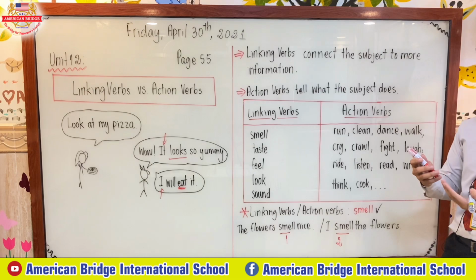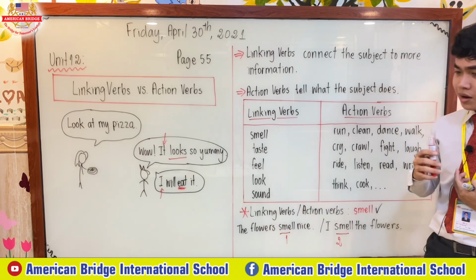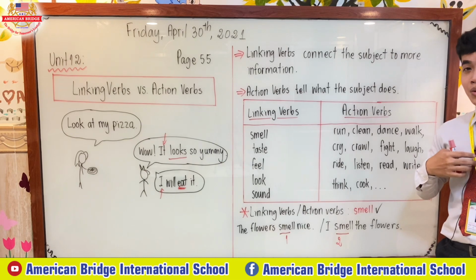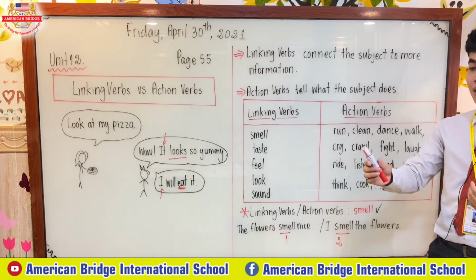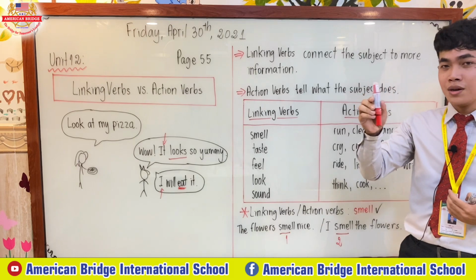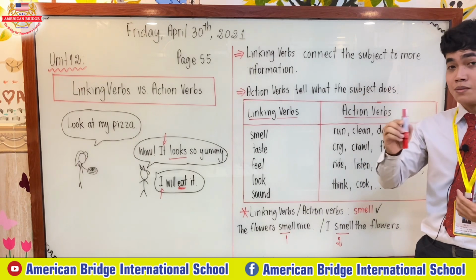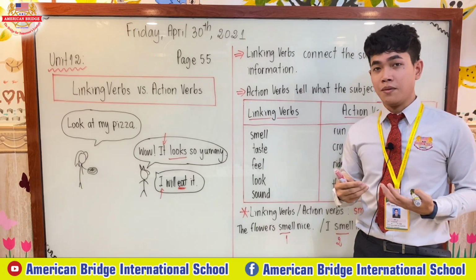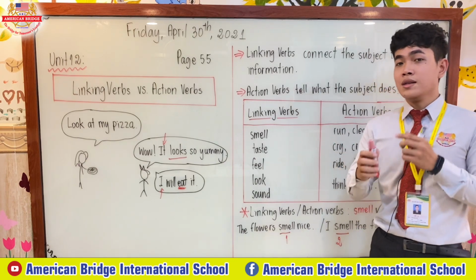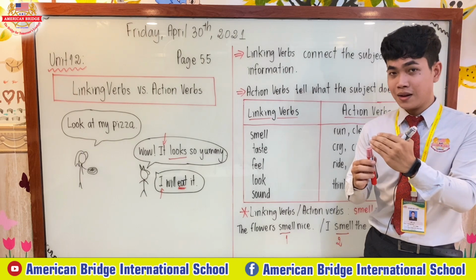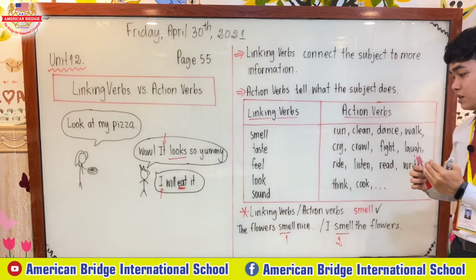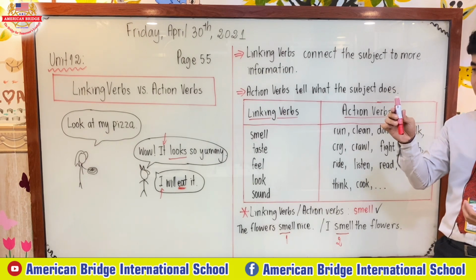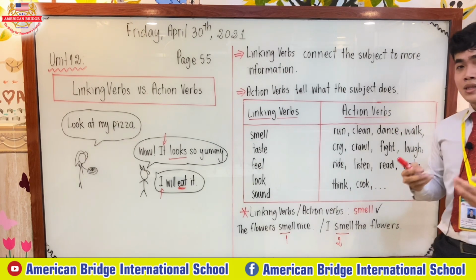As I showed you at the moment, in the example I smell the flower, I do the action by holding the flower and then smelling it. So I smell the flower is an action verb, which shows you do the action to smell it, okay? And for the other one, when I say the flower smells good, this is the difference.